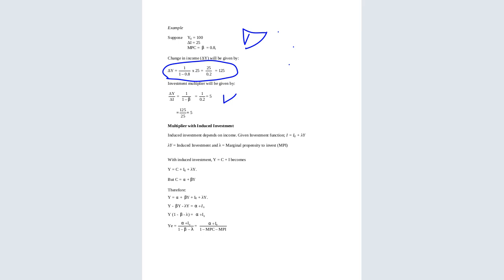We have said beta is 0.8. So to find the investment multiplier, simply 1 over 1 minus 0.8, which is simply equal to 1 over 0.2.